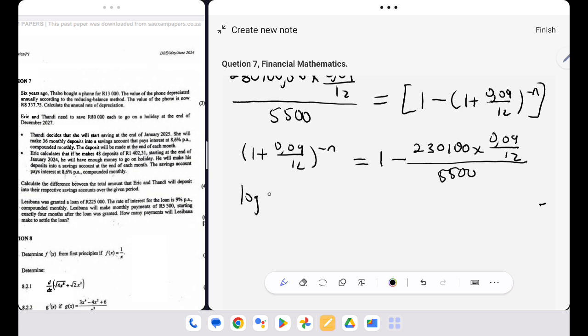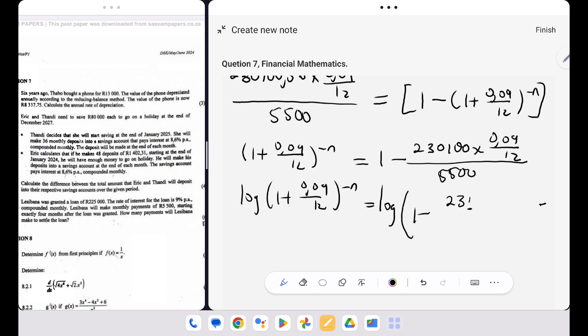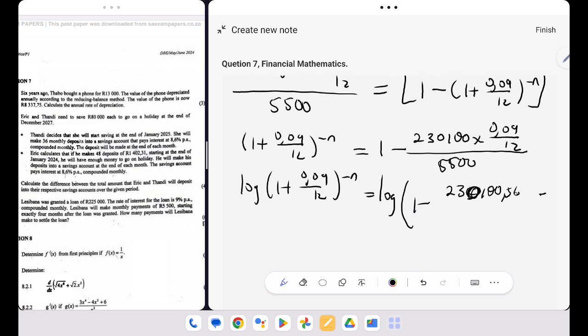So I'll have a log of 1 minus 230,100.56 multiplied by 0.09 over 12.